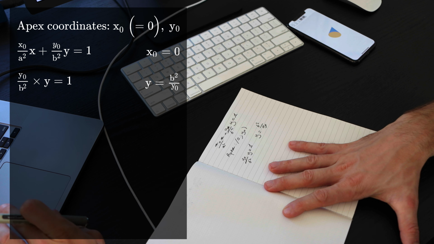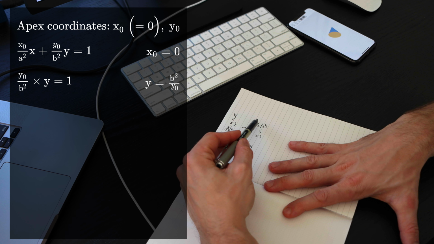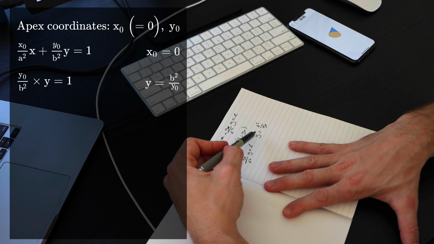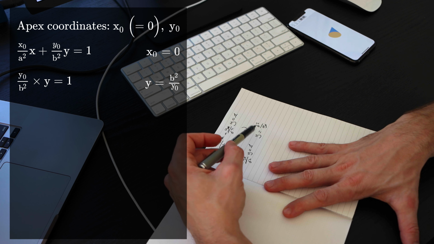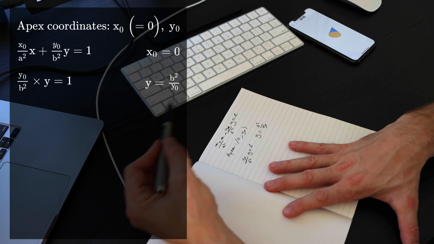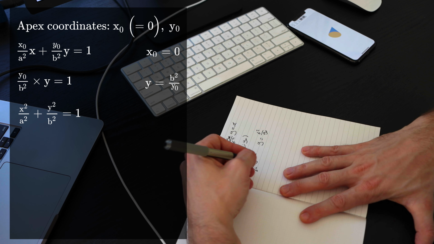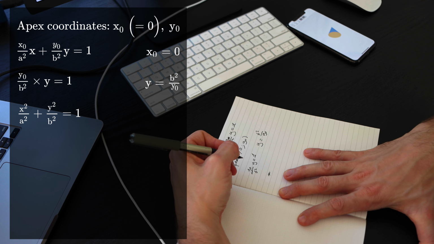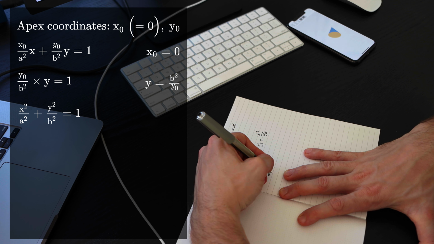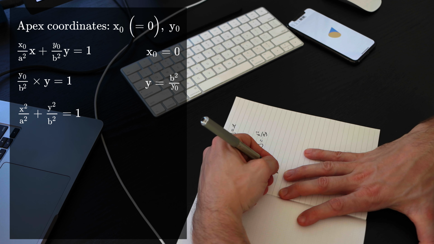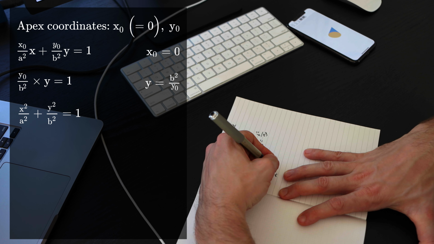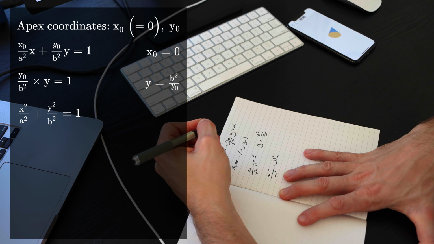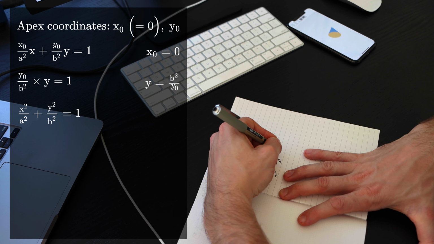y0. So now we can substitute y in the equation of the ellipse, because we want the 2 points in the ellipse for this y value. Again, based on the equation of the ellipse, that would give us x squared divided by a square plus y square divided by b square equals 1.